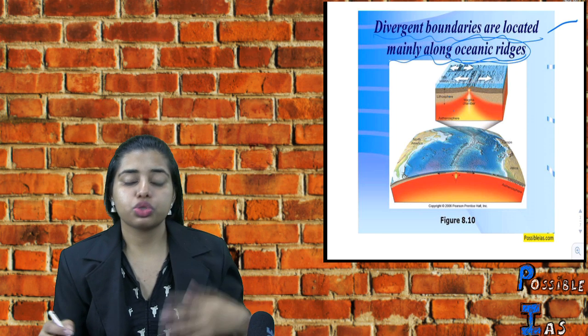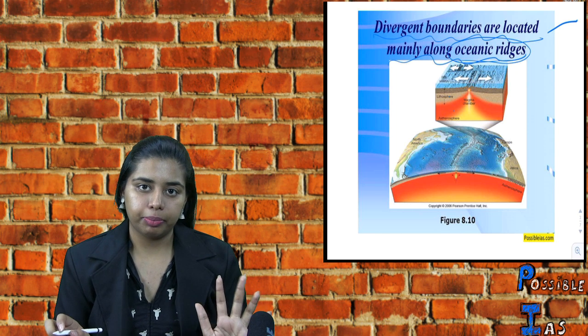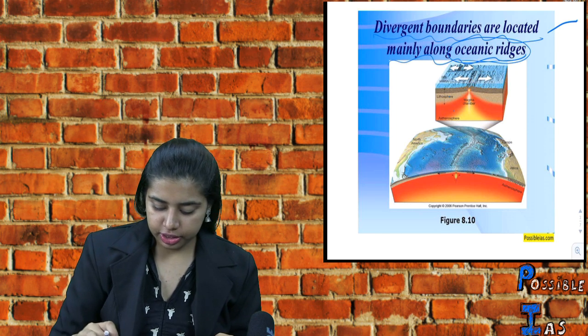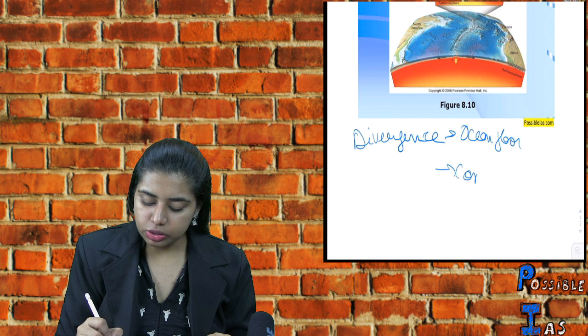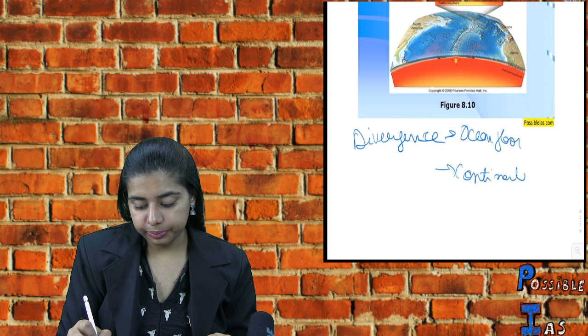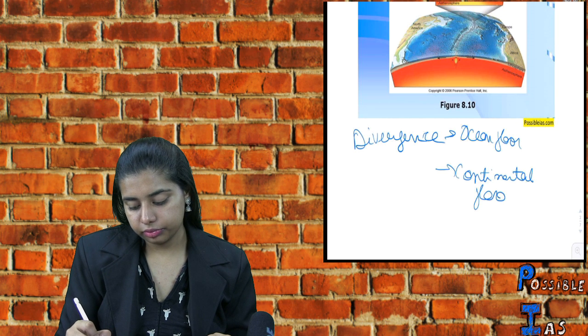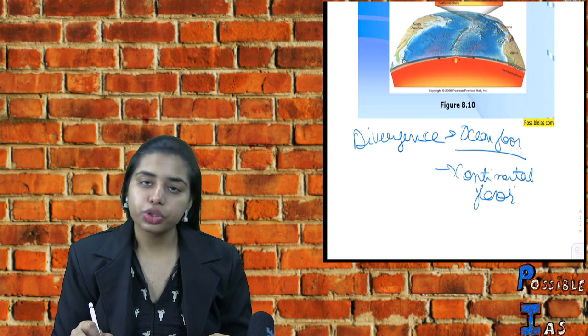Okay, so divergence can occur either when an ocean floor opens up or when a continental floor opens up, right?